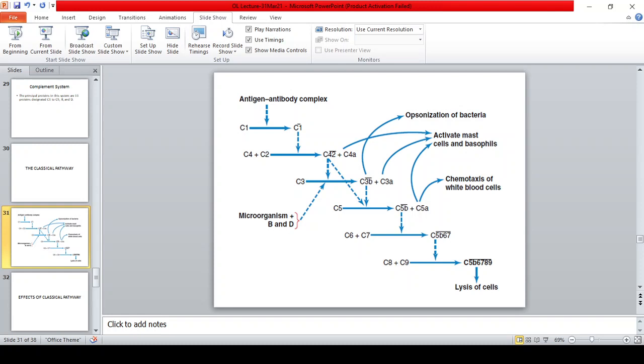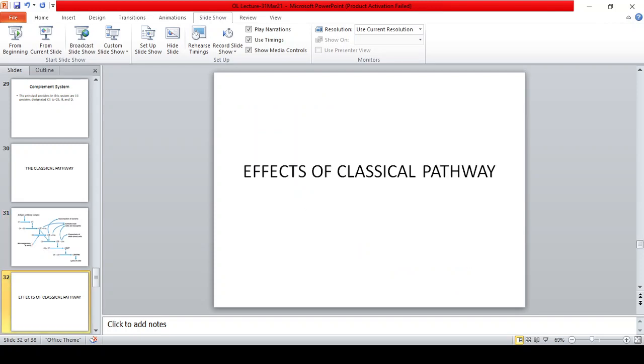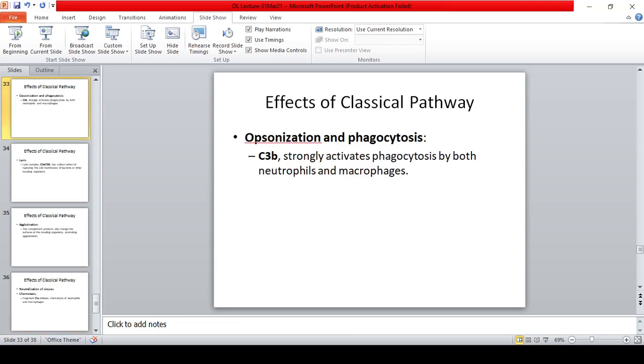Now you can see the arrows on your right hand side showing that some of the products can cause specific effects. So the specific effects of the classical pathway can be summarized as opsonization and phagocytosis.